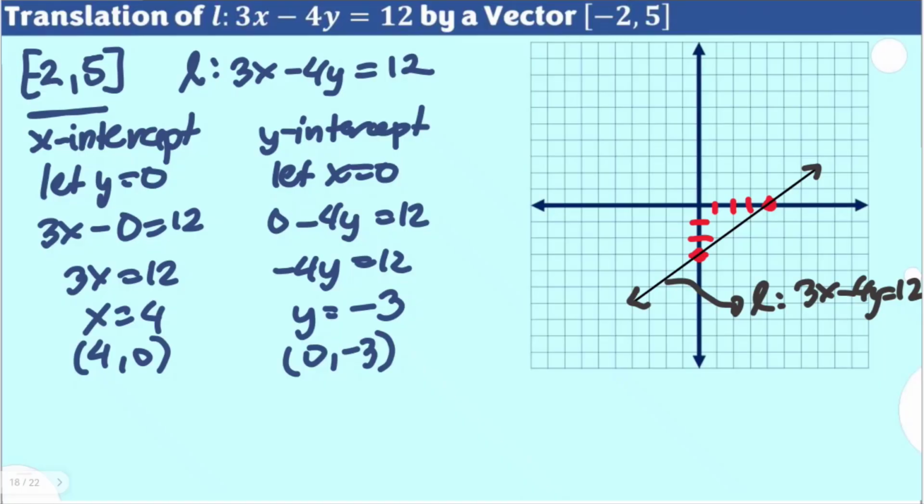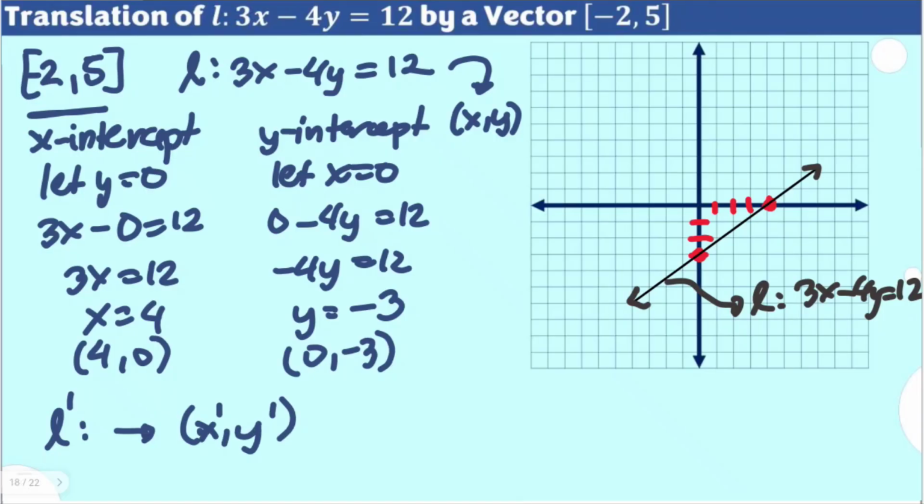The first step is we need to identify the representation for all points, because here we can have all points x and y. So for the translated line, that's L prime, we also need the points x prime and y prime for all points in that direction.